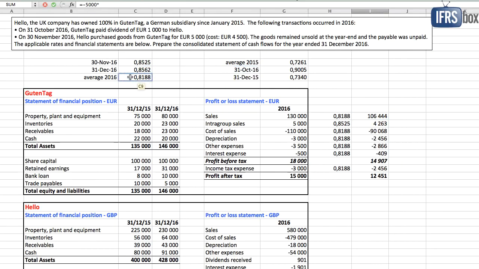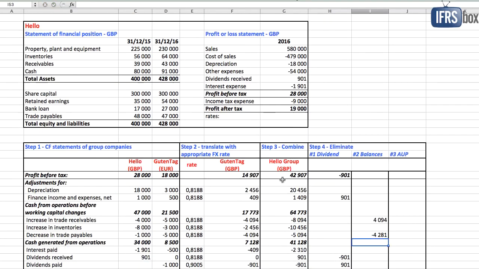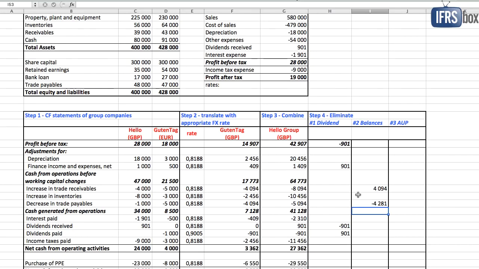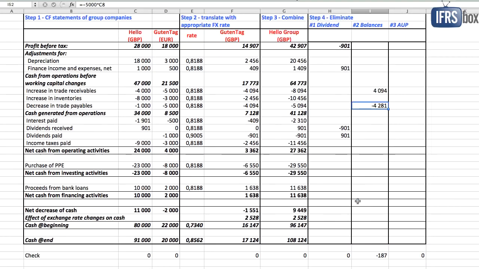So we deduct 5,000 times 0.8562, that is 4,281 British pounds from the line decrease in trade payables. Now, our checksum shows the difference of 187 British pounds. It's here because we apply different exchange rates, and therefore you need to report this amount in the line effect of changes in foreign exchange.